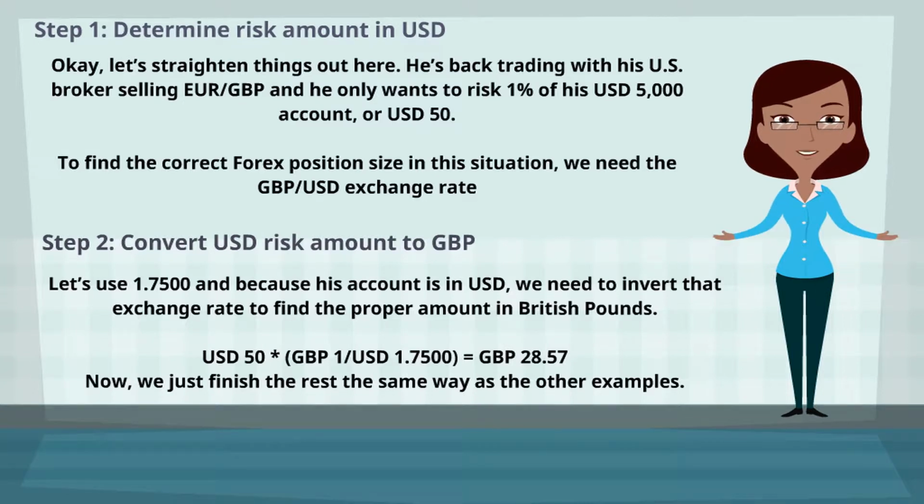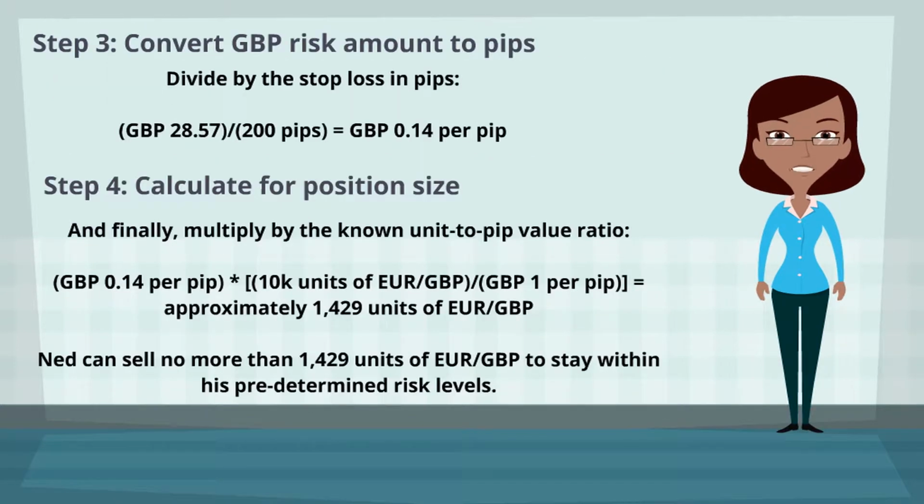Now, we just finish the rest the same way as the other examples. Step 3. Convert GBP risk amount to pips. Divide by the stop loss in pips. 28 pounds and 57 pence, divided by 200 pips, equals 14 pence per pip. Step 4. Calculate for position size.